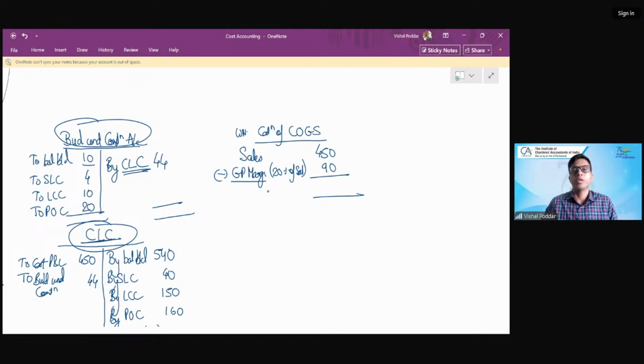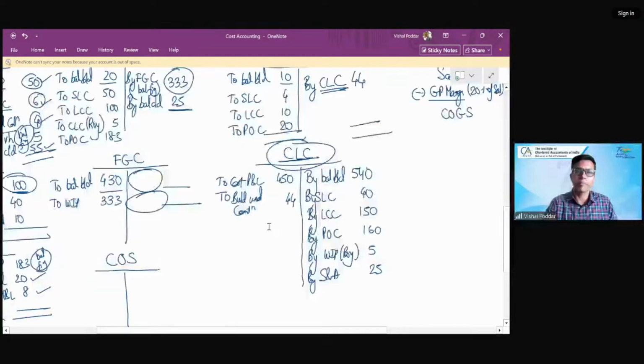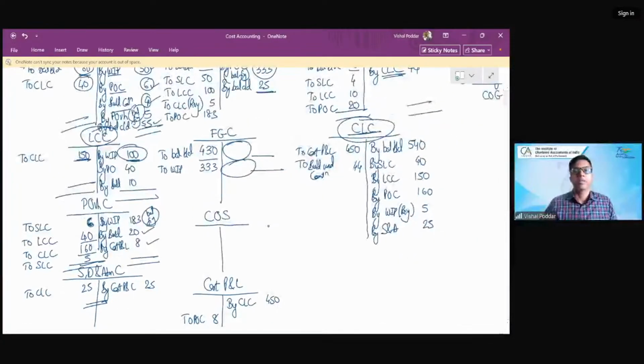Now, when you deduct GP from sales, what is left to you is cost of goods sold. And whatever goods are sold, the entry is the cost of these goods is what is transferred from finished goods to my COS account. So by COS 360, I will mark here that working note 1, so that we get to know that this figure has come from the working note.